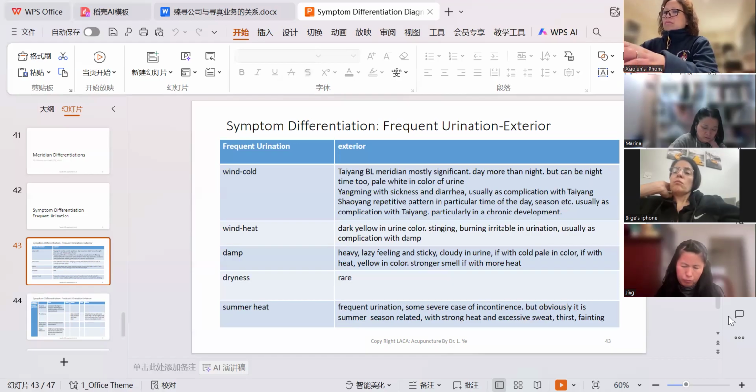More precisely, I will do a test on those points. For example, if I believe it's a spleen qi deficiency, I will do anti-clockwise on liver 3 on the right, spleen 3 on the right, and spleen 10 on the right.